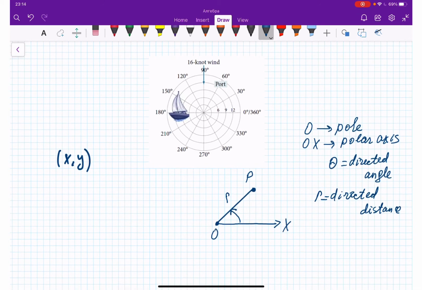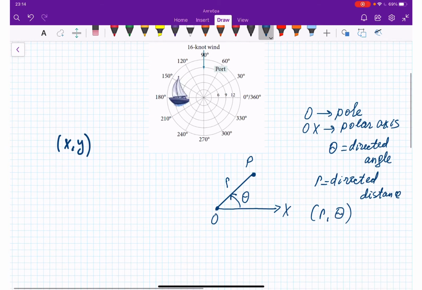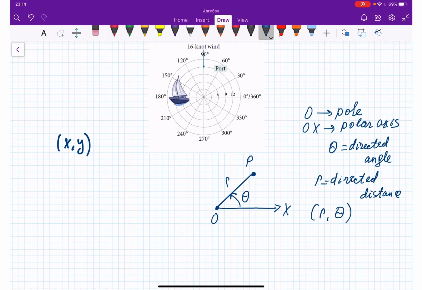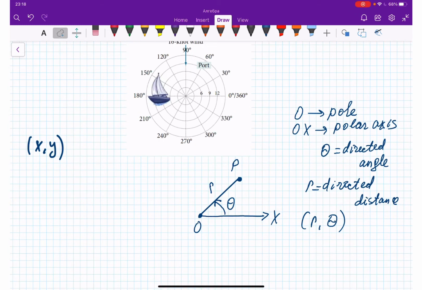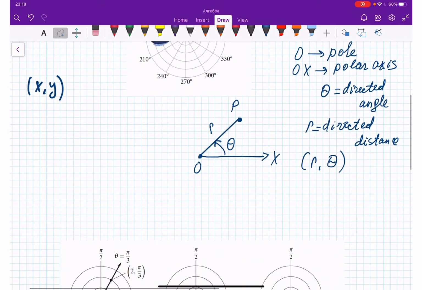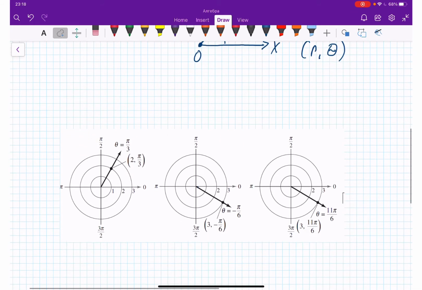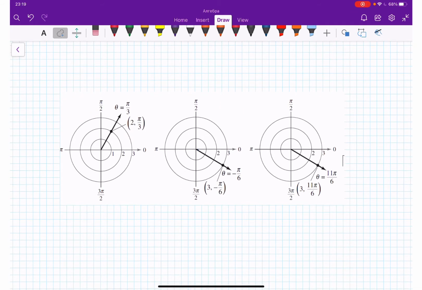So those r and theta we call polar coordinates. Just like x and y we call rectangular coordinates. Now, let's look at the following picture here.